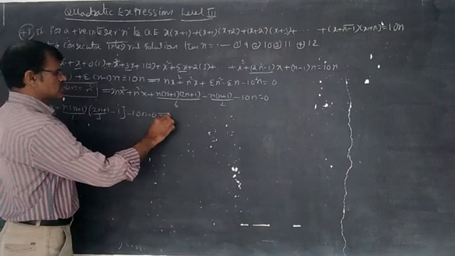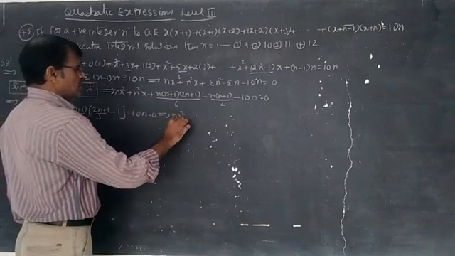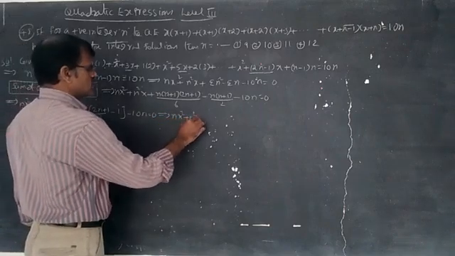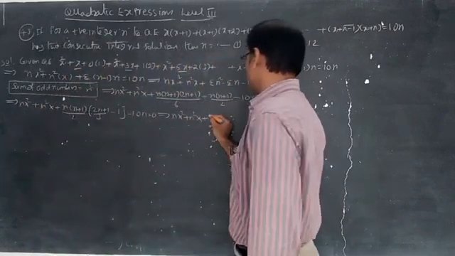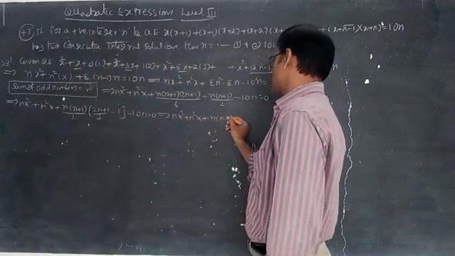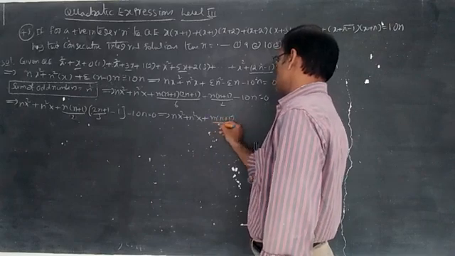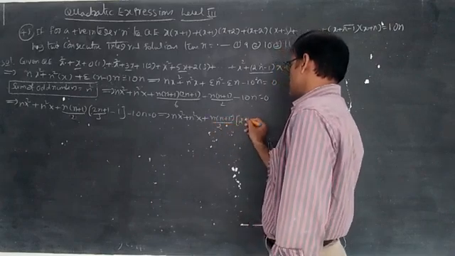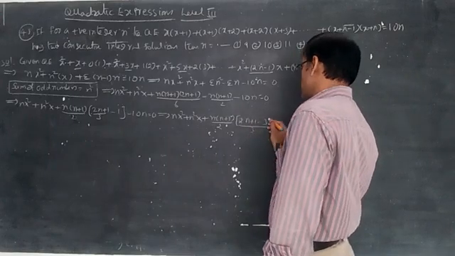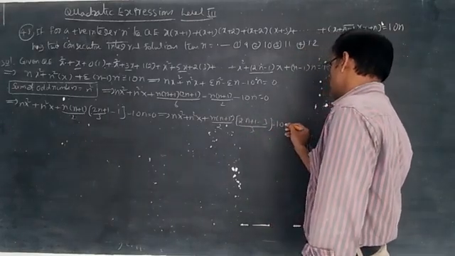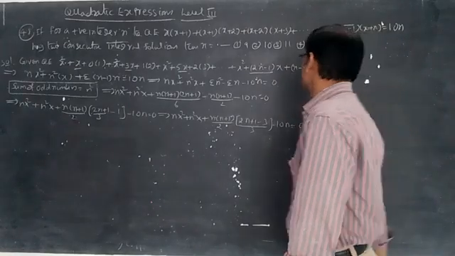That implies n x square plus n square x plus n(n+1)/2 into (2n+1 minus 3)/3 minus 10n is equal to 0.